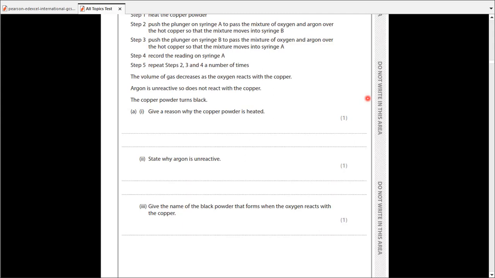It's not there. Oh, it's in group 0, that's why. Right. So full outer shell, okay.